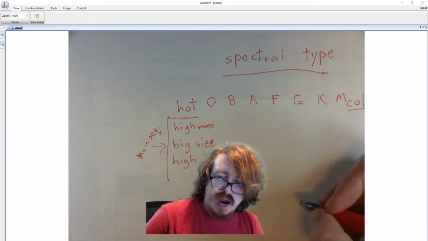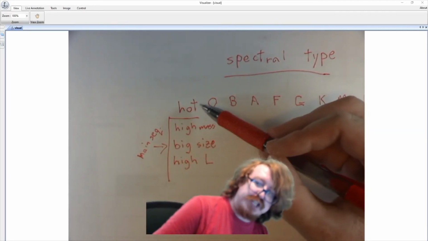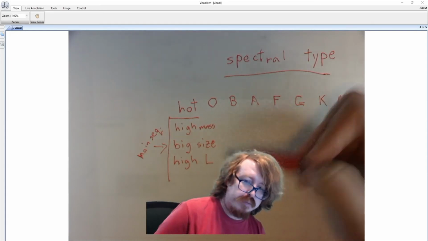Because all of the properties go together, right? So for main sequence stars, this is not just hot, it's also high mass, big size, high luminosity.